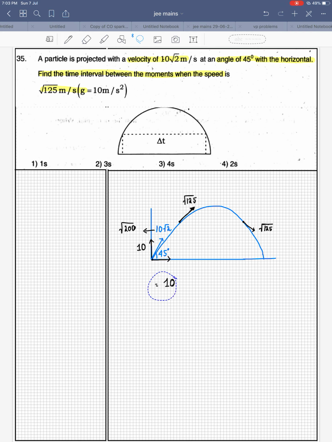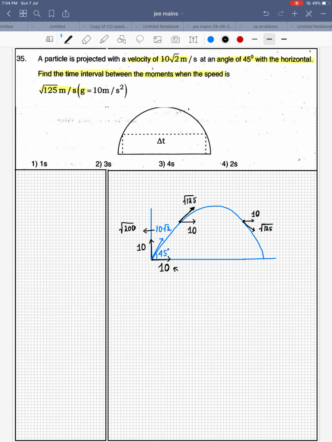So the horizontal is 10, and in the vertical direction also you have 10. Obviously the horizontal component here is also 10, because at every point the horizontal component is the same.